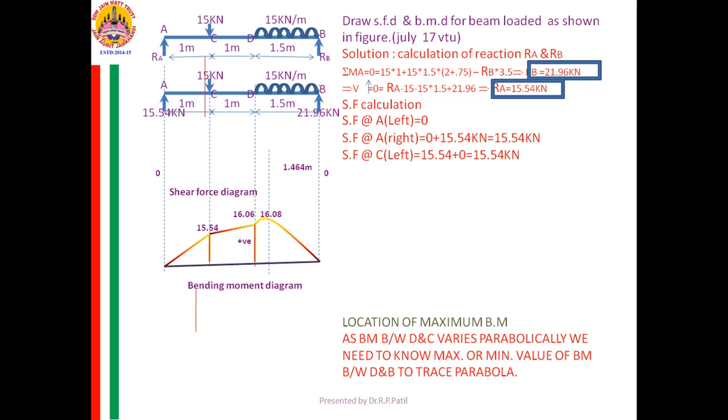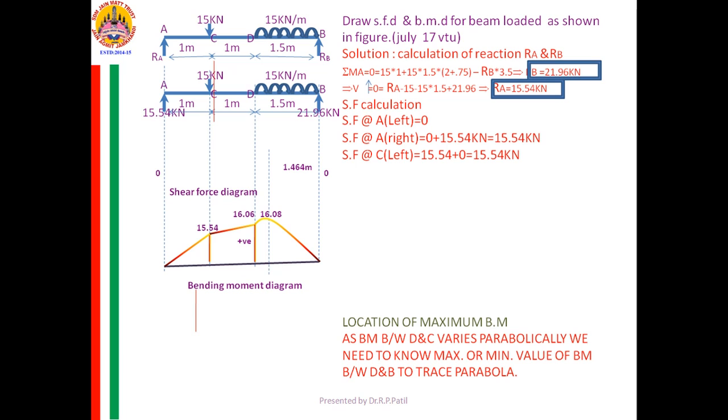From left of C I am jumping to right of C. Just see there, where is the right of C? Now, how we can calculate the right of C? Till the left of C, it is 15.54.